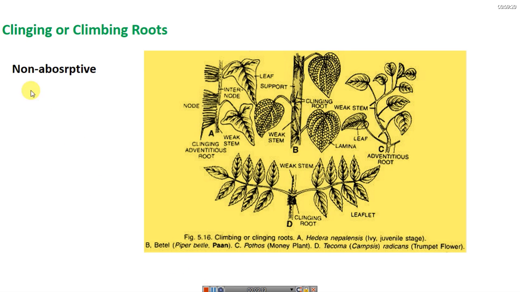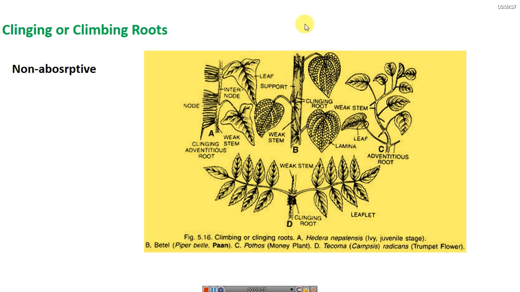Another example is clinging or climbing roots. In clinging or climbing plants, these are found. Examples include piper betel, money plant, campsis, or trumpet flower.